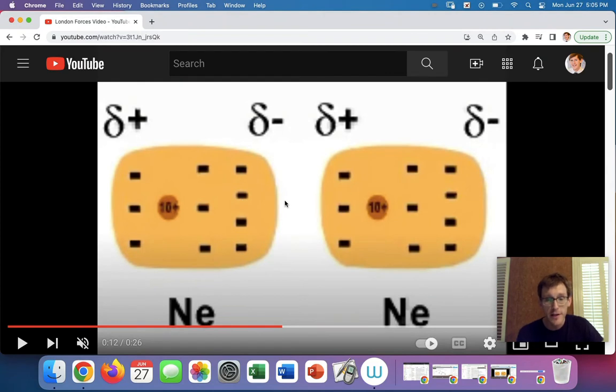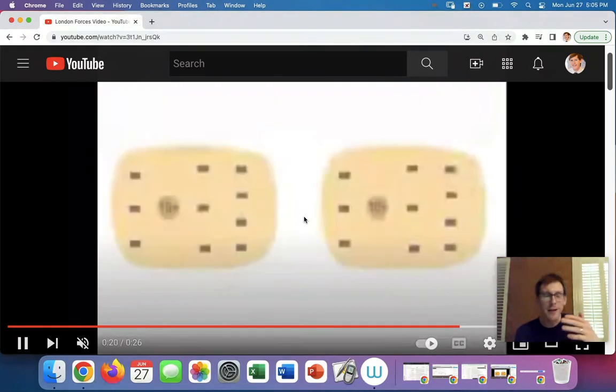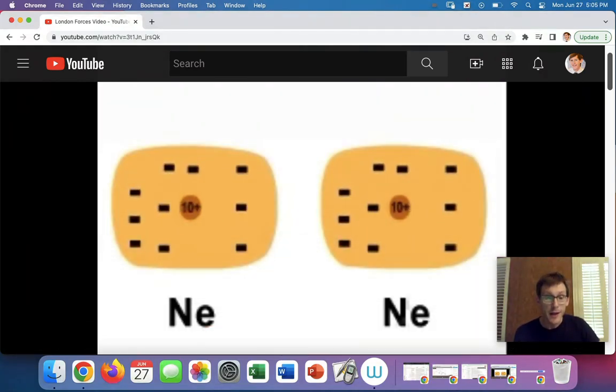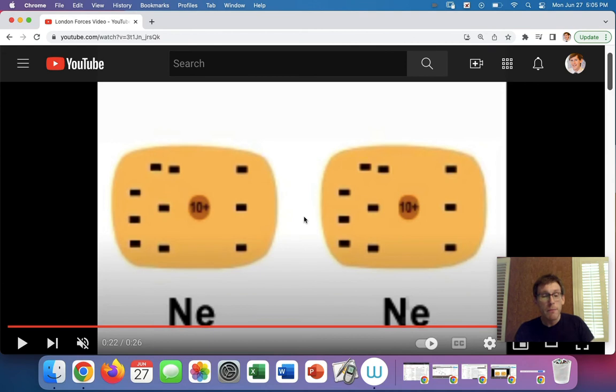And it's interesting because from this point, let's say we start allowing things to move again. We paused time and saw this instantaneous dipole. Well, what if the electrons are allowed to move again? We start the clock again. Maybe the electrons in the atom on the right start to shift leftward.